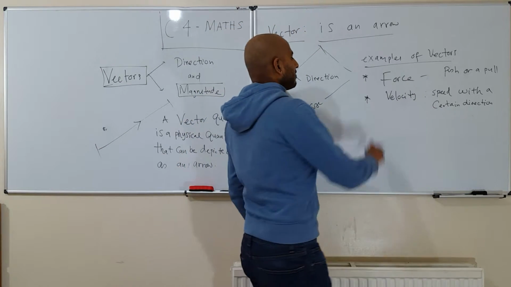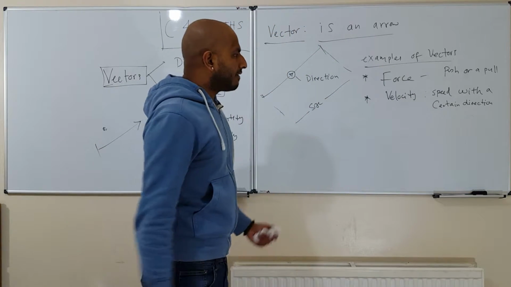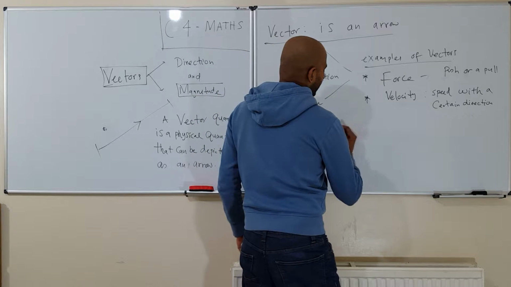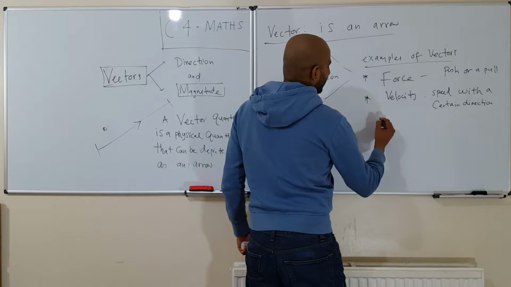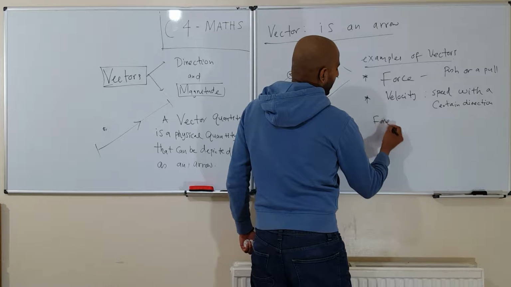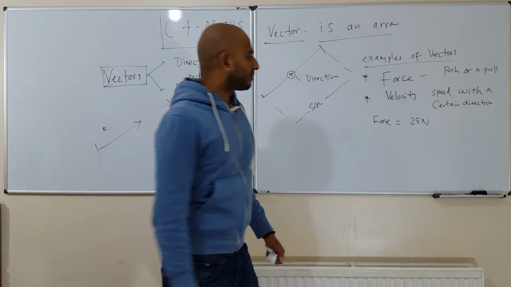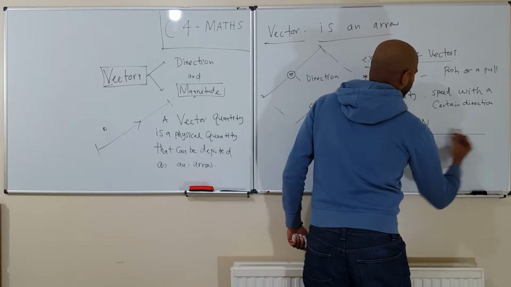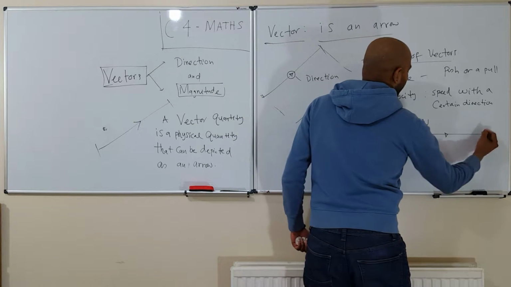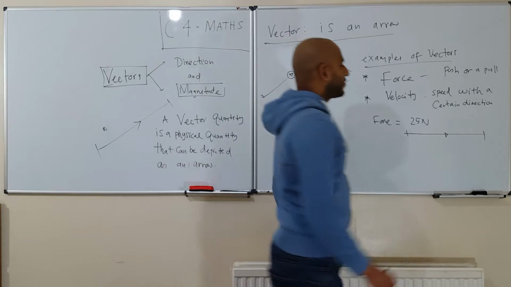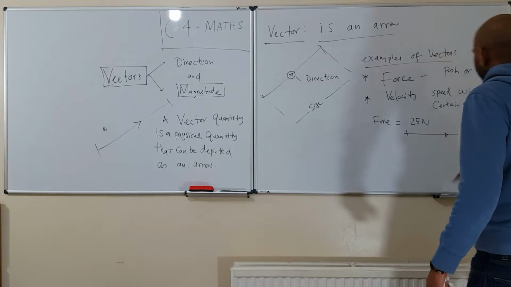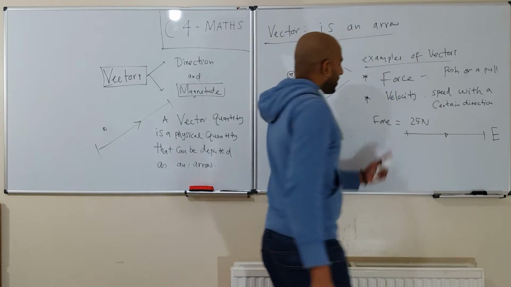For an example, we would say force has 25 newtons. So we can depict it. For an example, we can say force equals 25 newtons due east. We can depict it like this. That's the east.